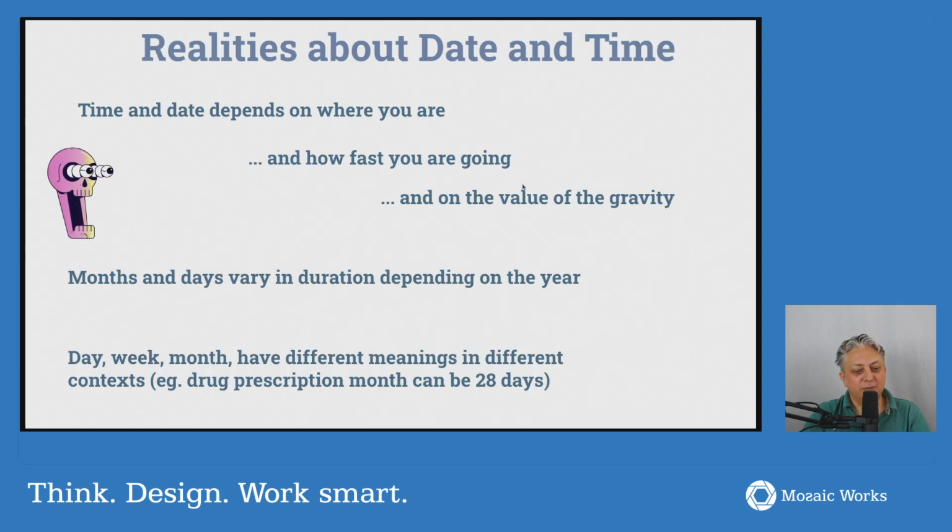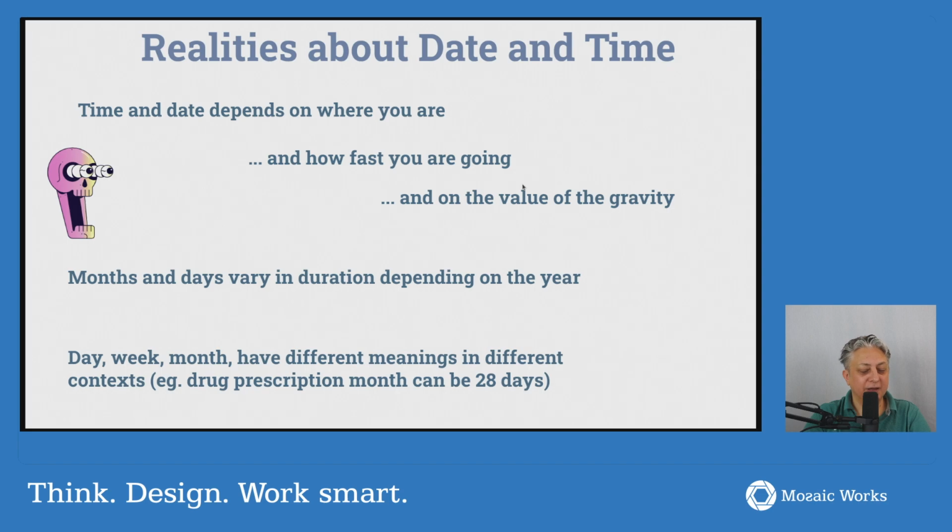Okay, so let's talk about some realities of date and time. Time and date depend on where you are, how fast you are going, and also on the value of gravity. I said we won't talk a lot about relativistic effects, but they are worth mentioning a little bit. How fast you are going influences the speed of time, and so does the value of gravity.